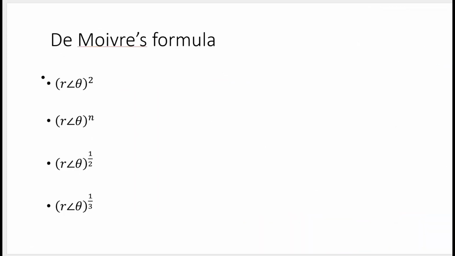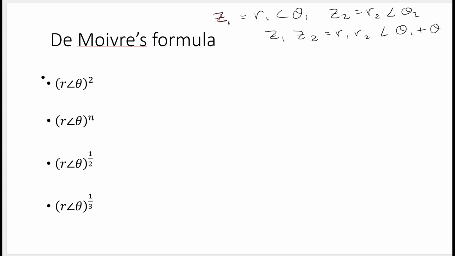This is based on the fact that if Z1 equals R1 angle theta 1, and if Z2 equals R2 angle theta 2, then Z1 Z2 equals R1 R2 angle theta 1 plus theta 2.